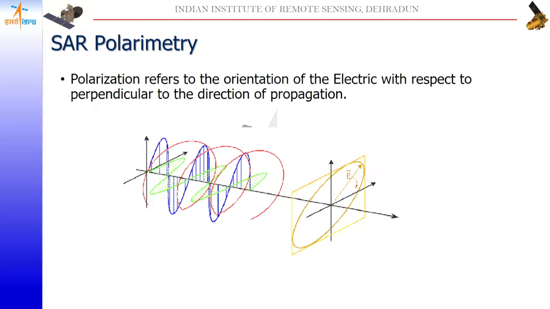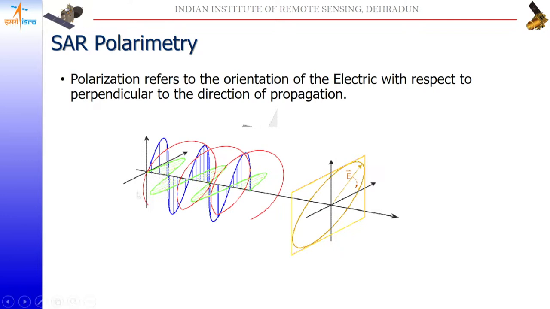Polarization refers to the orientation of the electric field vector with respect to the direction perpendicular to the direction of propagation. We can see here the basic propagation of electromagnetic radiation.